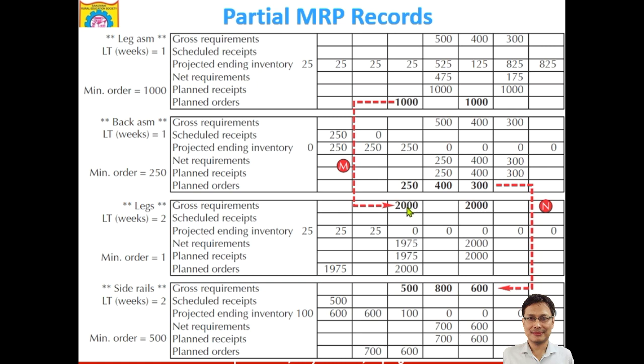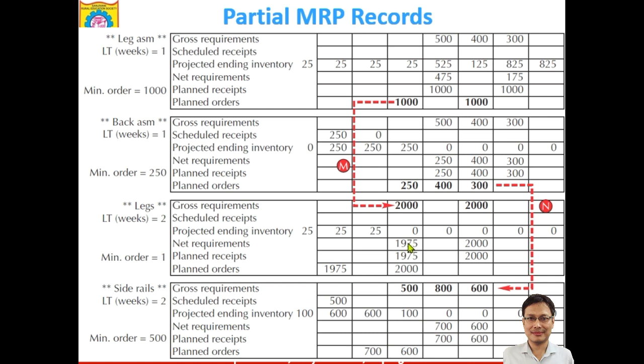And in order to find out the net requirement, we have to look into the previous inventory, where we find that we have 25 legs in the previous week's inventory. So we deduct it from the gross requirement, and the net requirement will be 1975. So we place an order of this quantity on week number 1.